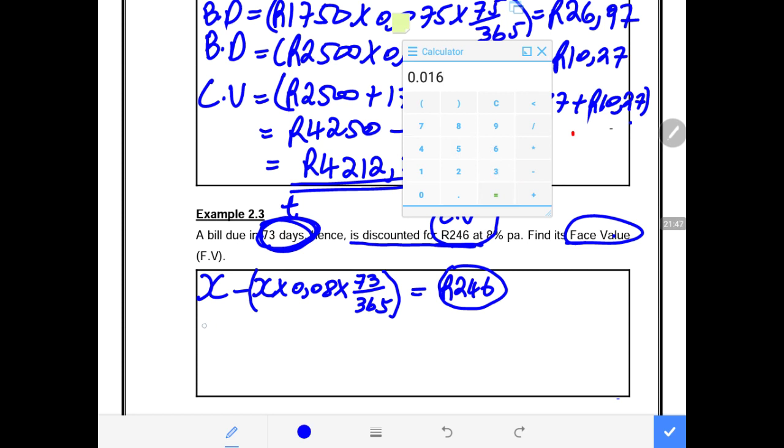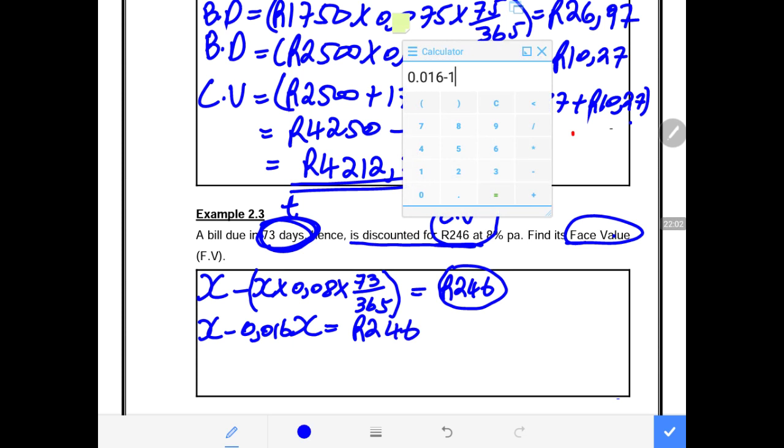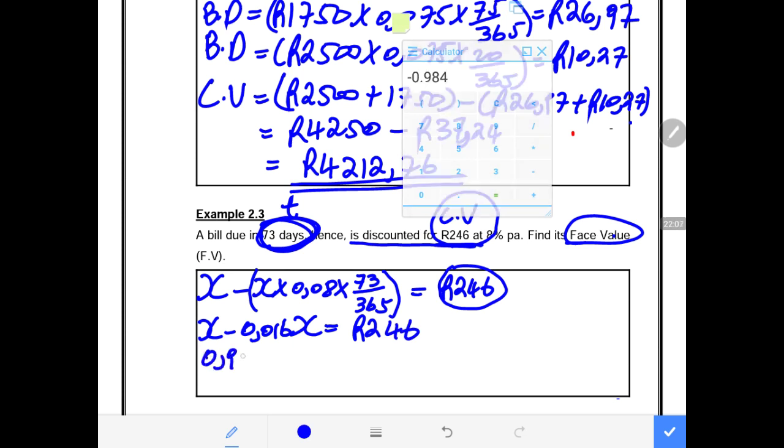Then it means we have x minus 0.016x is equal to 246. Remember, x equals 1x, so you can say 1 minus 0.016, which gives us 0.984x.